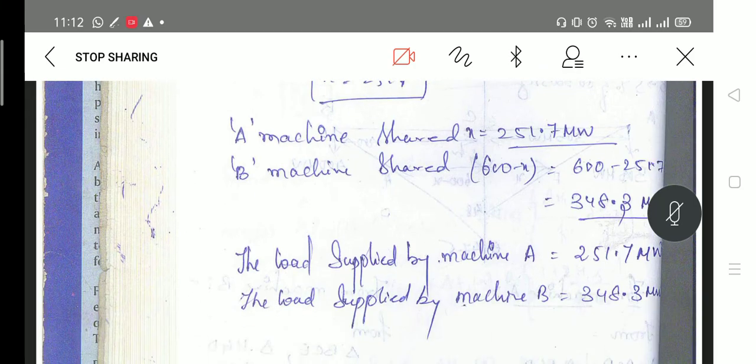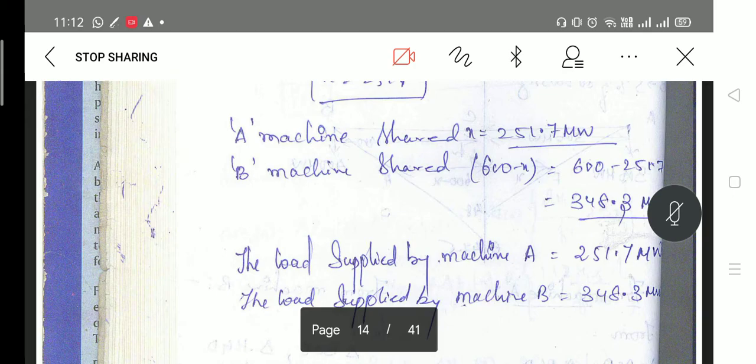Here the load shared by A is 251 megawatts and the load supplied by the machine B is 348.3 megawatts.